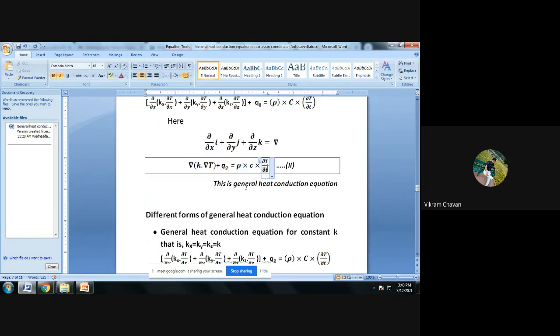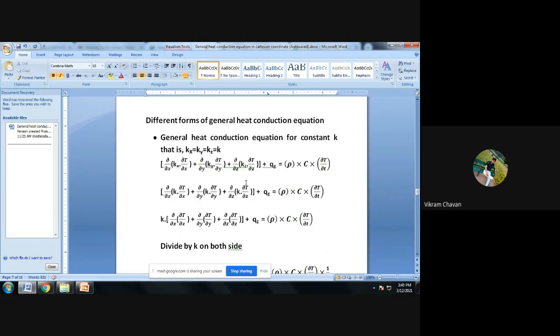Further, we have derived this for particular forms, and we discussed two forms. One is when the thermal conductivity is constant, which happens when the material is isotropic. If the property of a material does not change with the direction or the axis, then it is called an isotropic material.